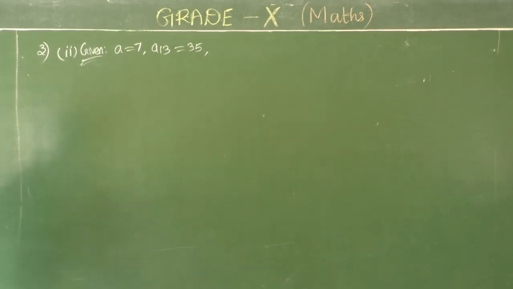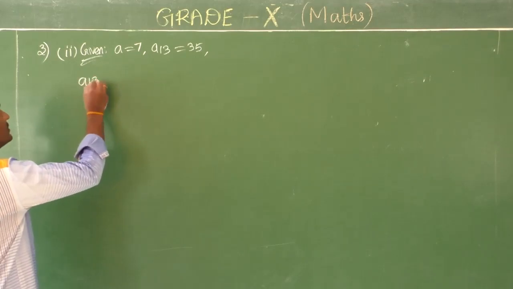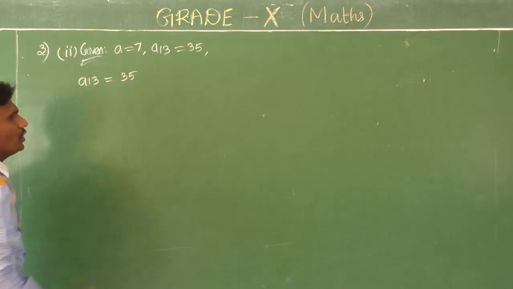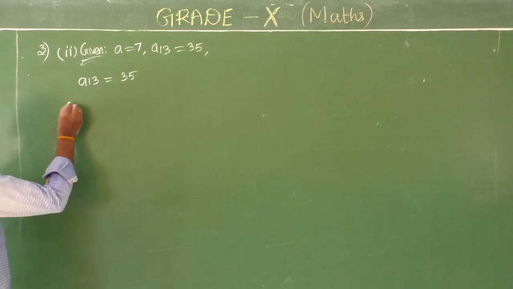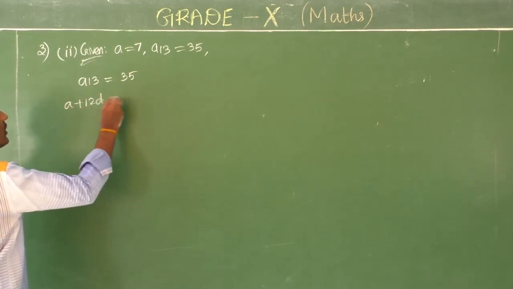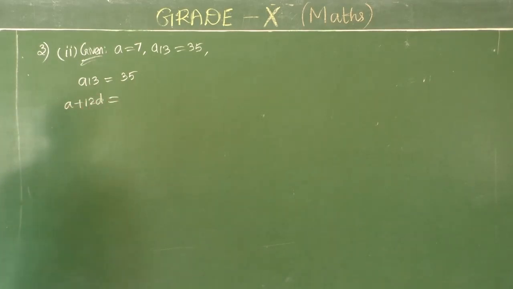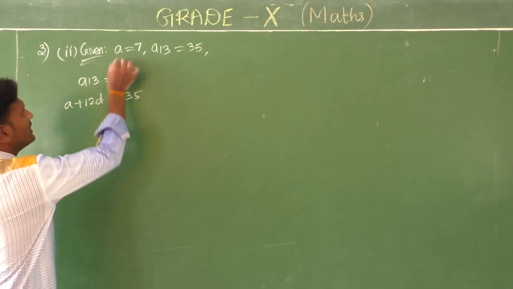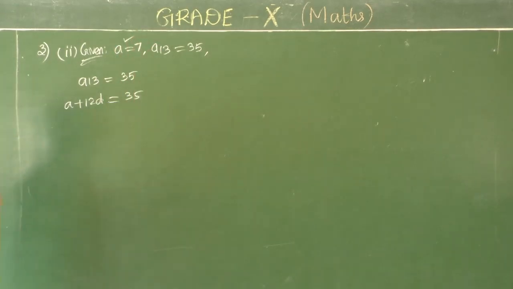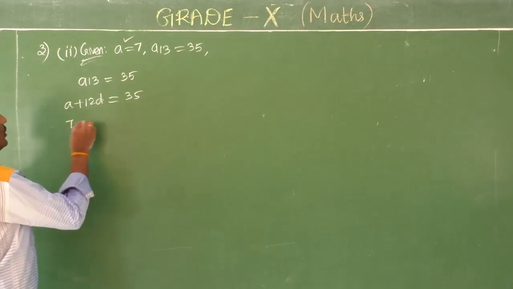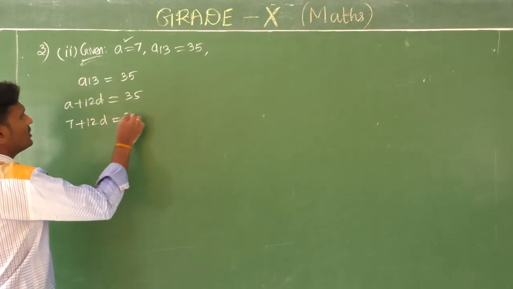Students, take the 13th term first, a13 equal to 35. Do you know the formula for the 13th term? Yes, a plus 12d. So a plus 12d equal to 35. Now I have the value of a, the first term, that is 7. So 7 plus 12d equal to 35.